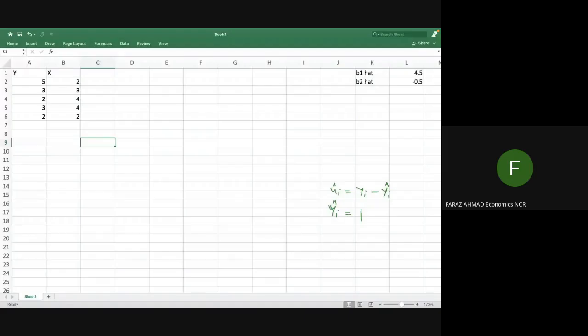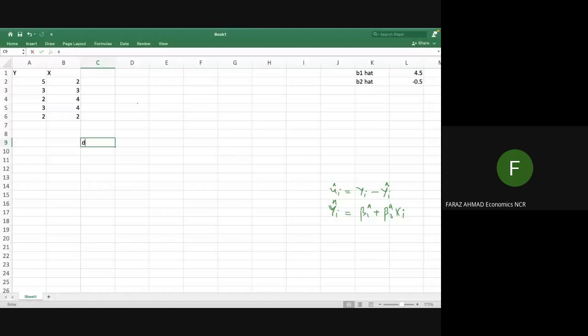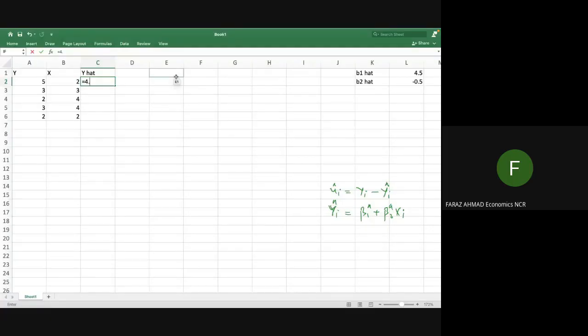So yi hat is going to be beta 1 hat plus beta 2 hat xi, right? So using this formula, let us calculate y hat. So y hat is going to be equal to beta 1 hat, which is 4.5, plus beta 2 hat, which is minus 0.5, multiplied by x, which is going to change for every value.